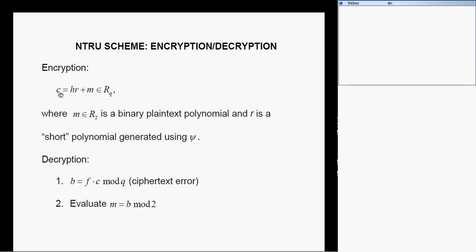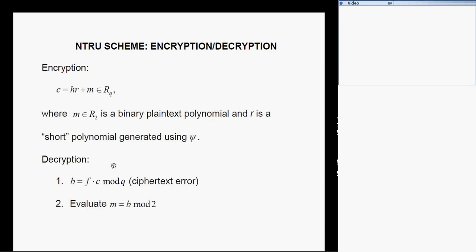Basically, the ciphertext is sent to the party that has the private key and that will need to decrypt it. Decryption is done in 2 steps. First, just like Kurt pointed out, multiply the ciphertext by the private key polynomial F. Actually, I have to make a correction.